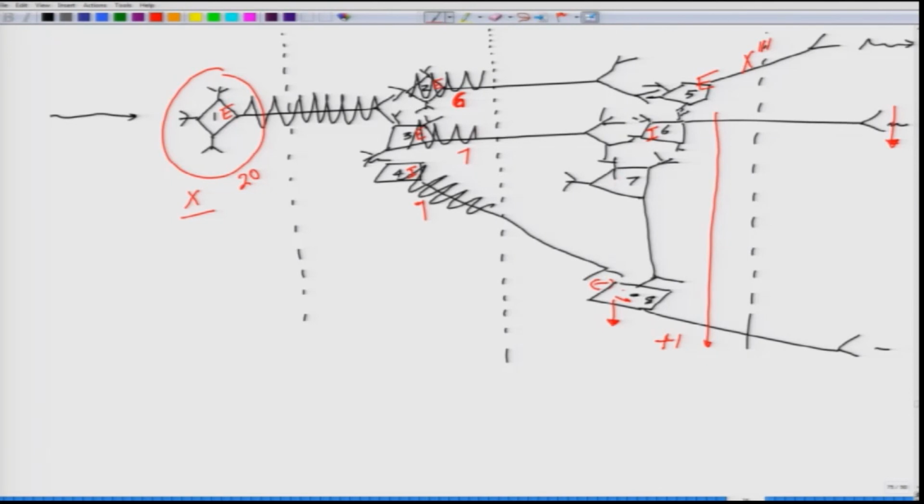Say for example, if this one is excitatory, the signal comes like this. So this will have a positive excitatory signal as well as a negative signal, and based on the quantity of the negative versus positive, it will decide what signal is going to go further.